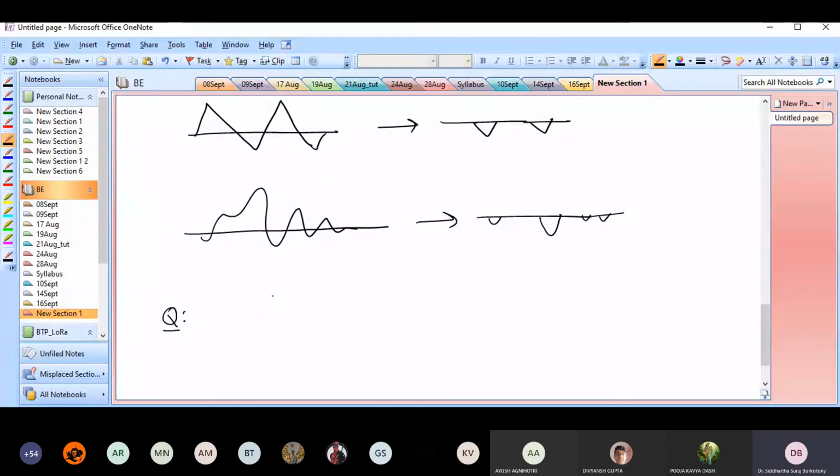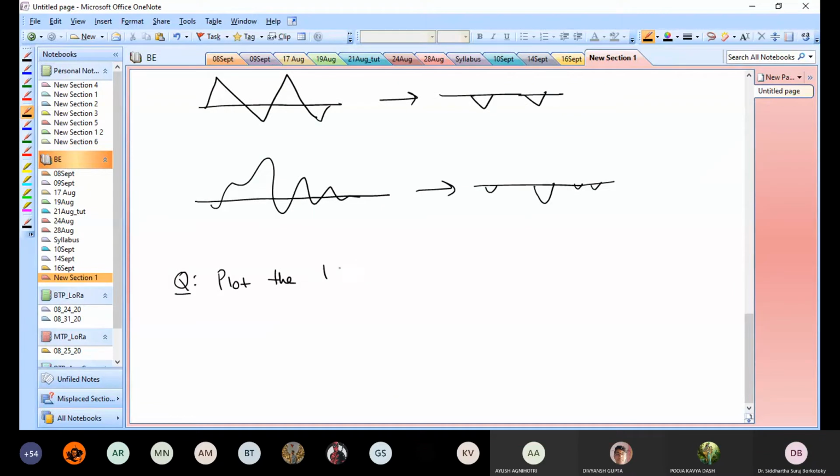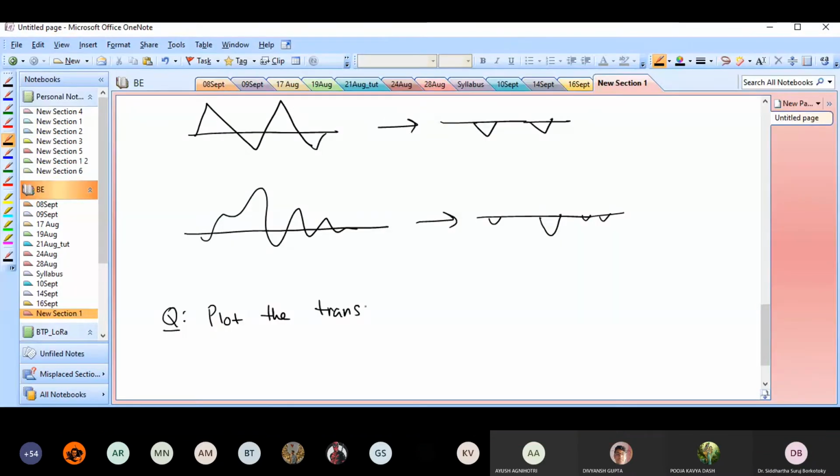So the question is, plot the transfer characteristic for the following circuit.